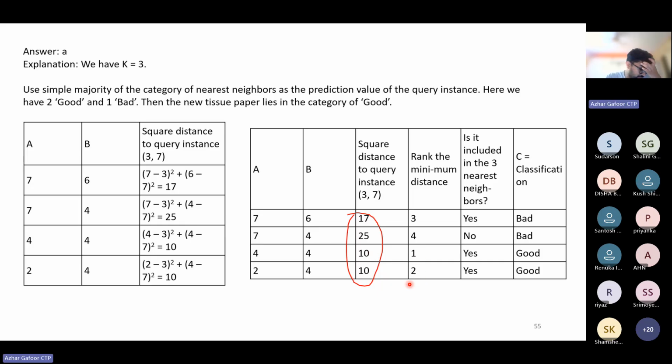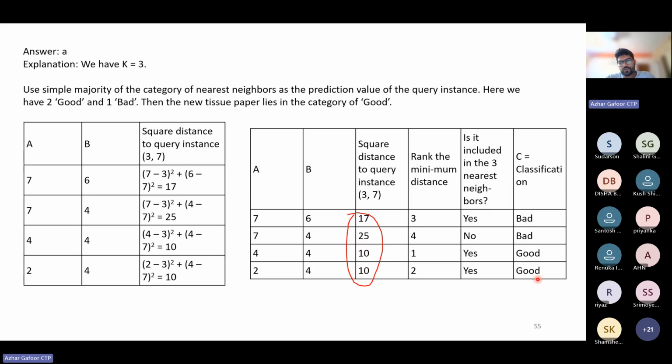In case the distance is the same, and we have one good and one bad, and if our k is equal to 1, then it makes a tough choice whether to choose bad or good. That's why we usually use a higher k. K equal to 1 will usually give very bad results. So at least k equal to 3 or 5 is used in most cases.